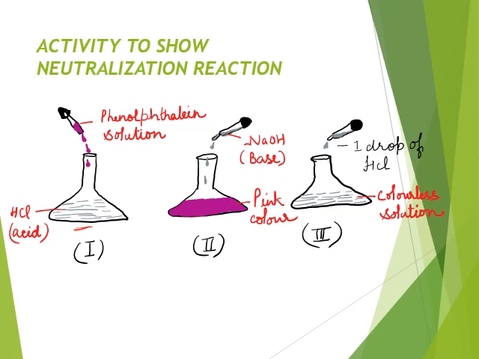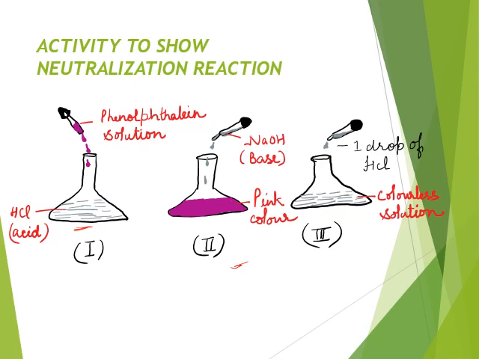phenolphthalein is colorless when it is added to acid, and when it is added to a base it shows a pink color. So till step 2 it is clear. Now what has happened in step 3 that the pink color has vanished? On adding sodium hydroxide, the solution has become basic and it is showing the pink color.